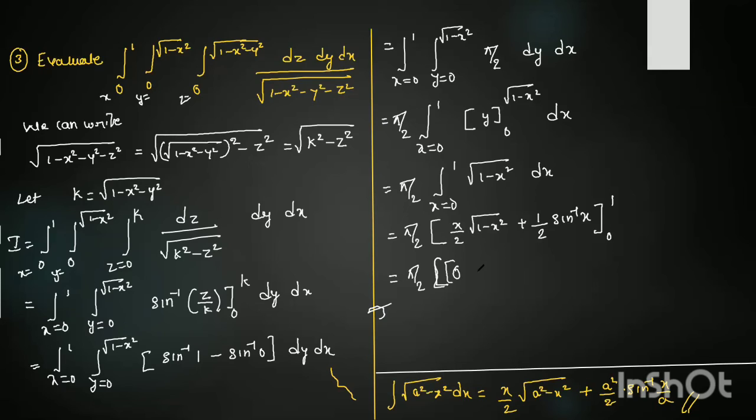And if you apply 1 here, it is 1 by 2 sine inverse 1. Minus, if you apply 0, 0 into anything is 0. If you put x as 0, sine inverse of 0 is 0. So pi by 2 into 1 by 2 into sine inverse 1, which is again pi by 2. So it is pi square by 8. This is the answer.